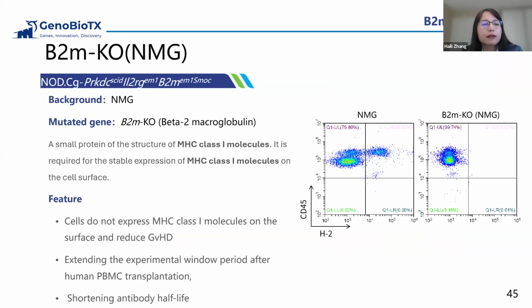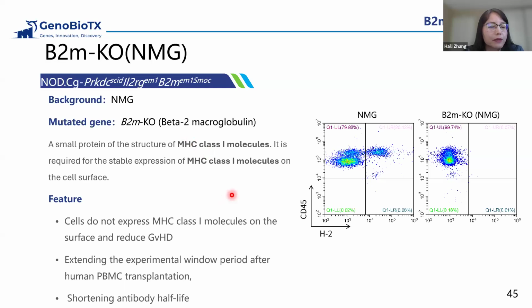To reduce the occurrence of the disease, we developed the B2M-KO-NMG mice. Beta-2 microglobulin is a small protein that is part of the structure of MHC class I molecules. It's required for stable expression of MHC class I molecules on the cell surface.